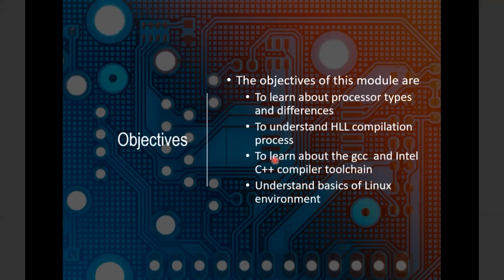And to learn about the GCC and Intel C++ compiler. Later you will learn how to use the GCC, because we are using the Linux environment. You need to know how to execute your compiler, how to read a file from the compiler, and so on.